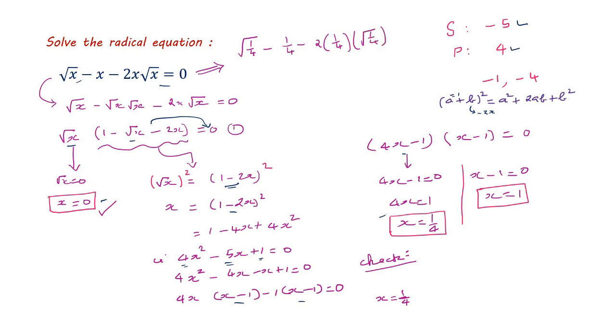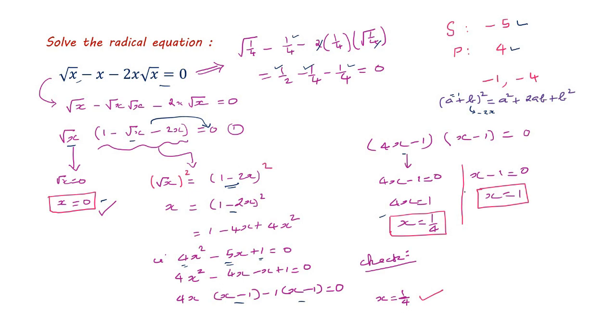You have to simplify this and check whether it turns out to be 0. See here, this root 1 by 4 you write as 1 by 2, minus 1 by 4 as it is. When you simplify this, the 2 from 2 times 1 by 4 and square root of 4 being 2 will cancel. You will have minus 1 by 4 here. So finally you are getting 0. Therefore x is equal to 1 by 4 is acceptable.